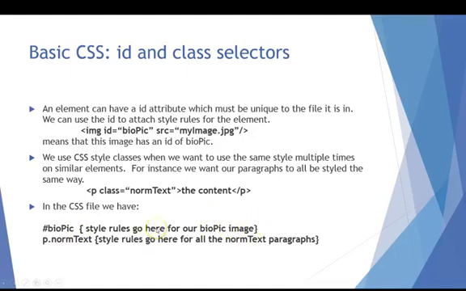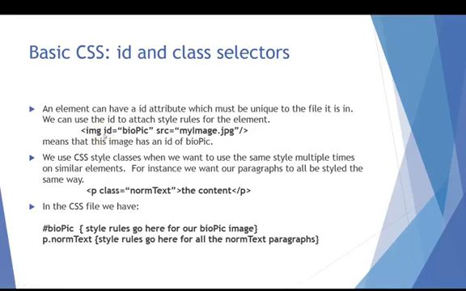I can have one rule or many that apply to this image, and that's how I'm going to do the styling. Now that's for one. So those are going to be rules that are only for one thing because it's an ID. I can only have one thing with that ID.